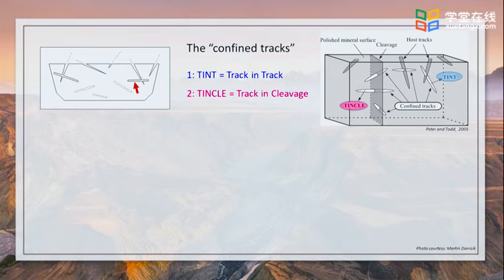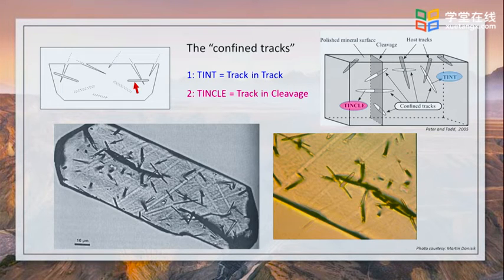As is shown in the top right figure, the two confined track categories share a common track origin in that etchant reaches a certain confined track through a defect, for example, a crack, cleavage, surface intersecting the track, or inclusion. Confined fission tracks have a distinctive appearance in reflected light, which is more or less in focus along the total length, and are distinguished from oblique tracks.